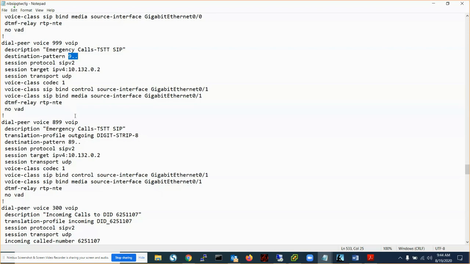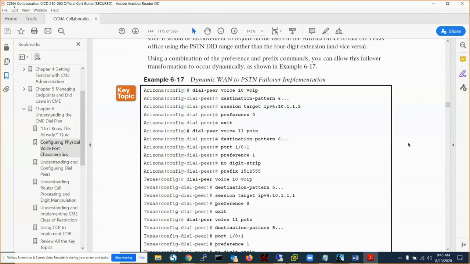Because this is a VoIP dial peer. If it's a POTS dial peer, I wouldn't have to worry about using a translation profile to strip the 8. But because it's a VoIP profile, I always say use a translation profile to tell the system to strip the 8. Once you see 8, strip it to nothing.